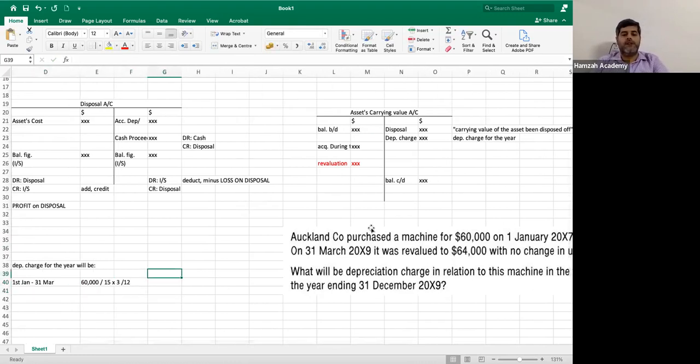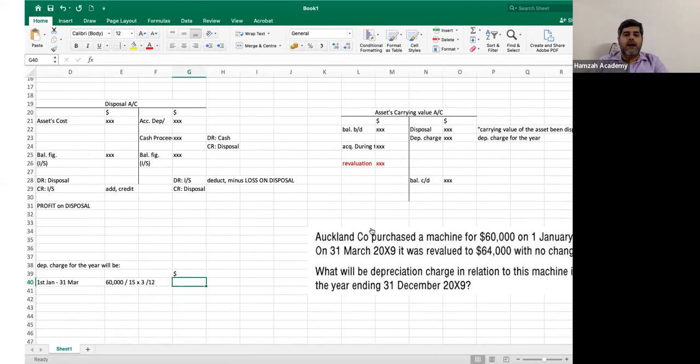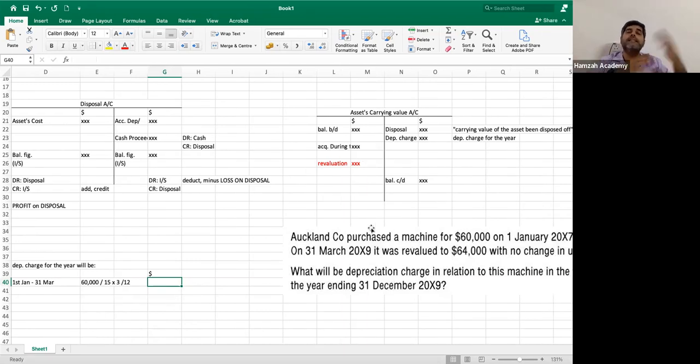For the 3 months, it is a simple straight calculation, because this is from January to March.